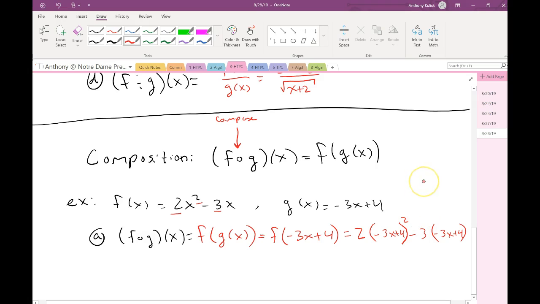Everybody okay with that? So really what are we doing? We're taking the expression for g of x and plugging it into our expression for f of x. Okay?